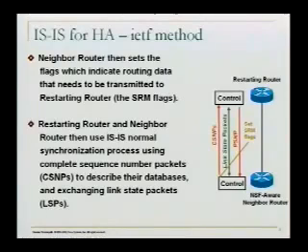This is because the restarting router does not have any information, as it did not checkpoint anything. So the neighbor router sends its set of CSNPs, and in the meantime all the other routers keep sending to the restarting router. Eventually the restarting router will have all the information.